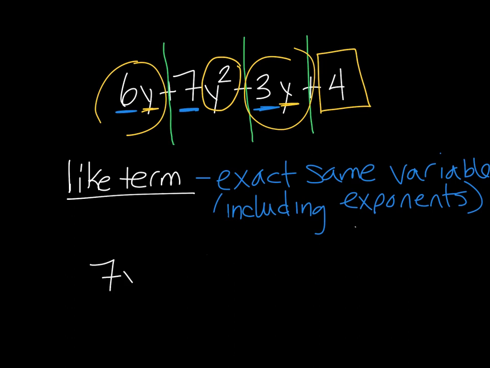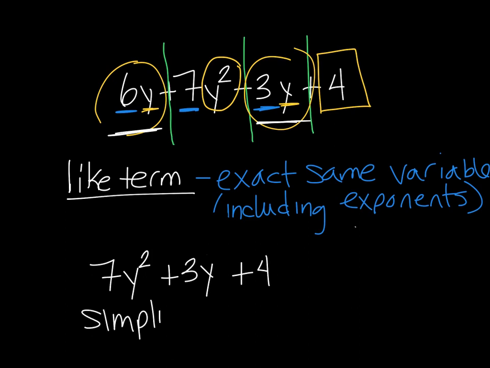So I have 7y squared. Then I'm going to take 6y and minus 3y, and I'm going to put those together. So I just take 6 minus 3, and I get 3y. And then I have that constant of 4, and that has no other like terms, so that's it. So this is simplify. And that is just meaning combine like terms.